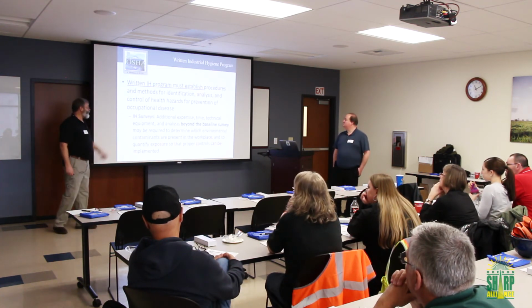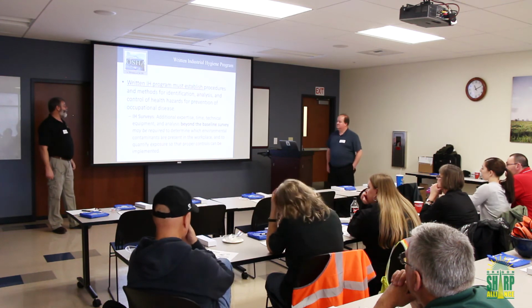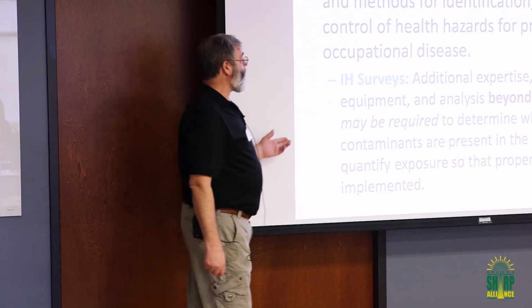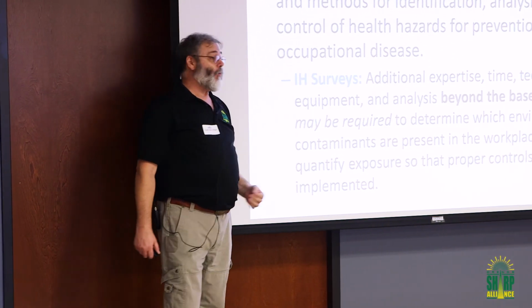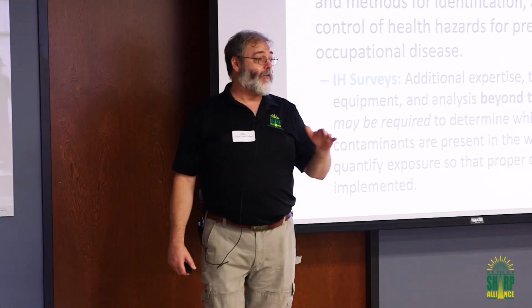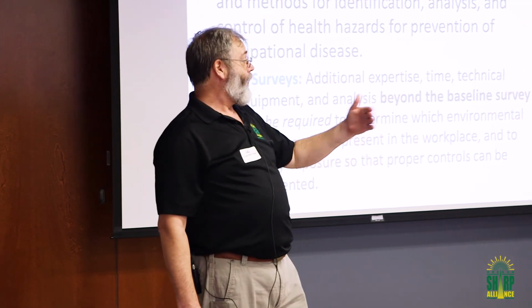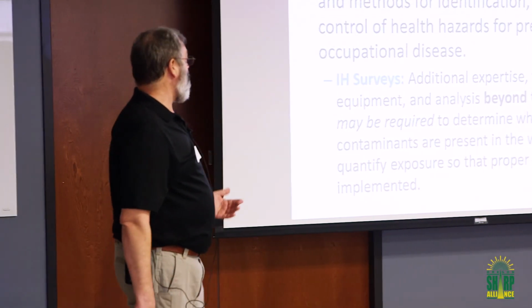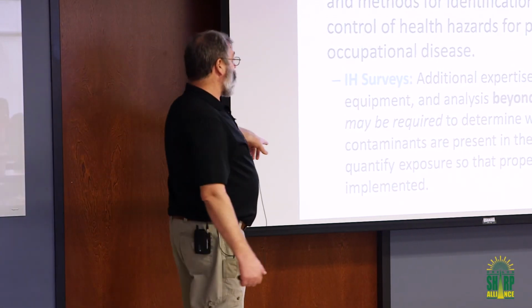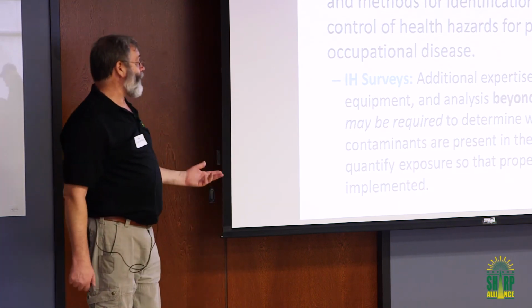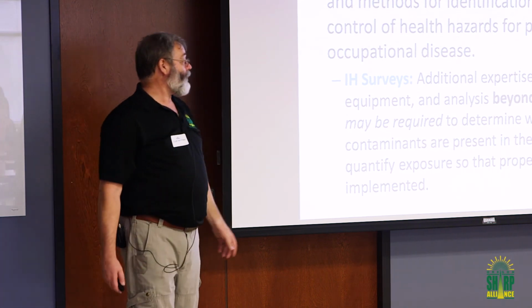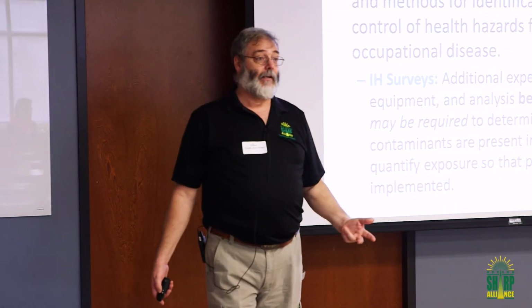It talks about surveys. What additional time do you need? What additional expertise or technical equipment might you want to be using that is above and beyond your baseline, that maybe your baseline told you you needed to do a little bit more in this area, so that you can determine what contaminants are present and quantify the exposures so that you can control them correctly.